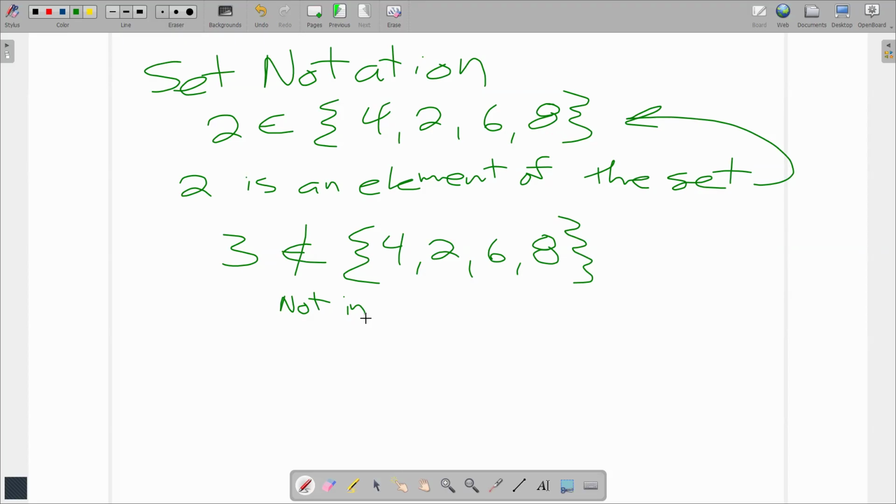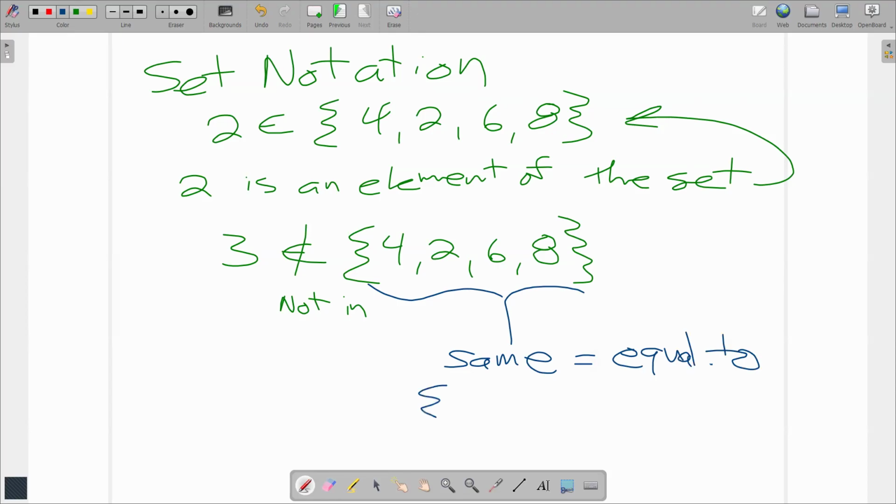Notice I wrote it as 4, 2, 6, 8 instead of 2, 4, 6, 8. The order you write things doesn't matter. So this set here is equal to the set 2, 4, 6, 8.